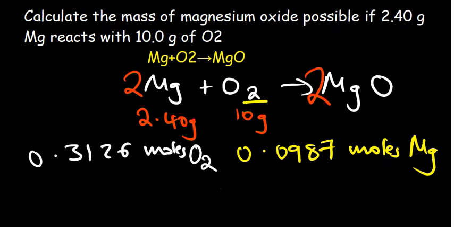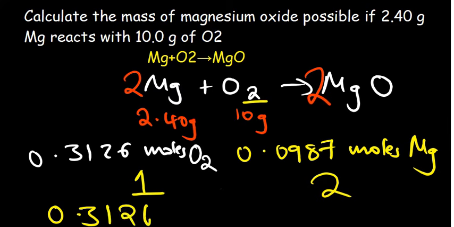This is magnesium, which has a stoichiometric coefficient of 2. Oxygen has a stoichiometric coefficient of 1. If you divide the moles by these values, what do you expect? On the oxygen side, the number of moles remains the same. And on the magnesium part, 0.0987 divided by 2 would be 0.04935.